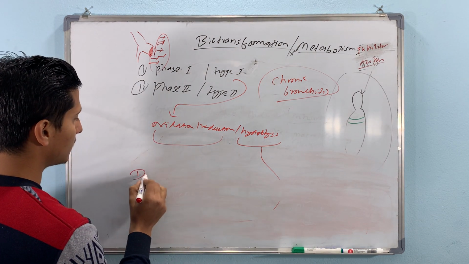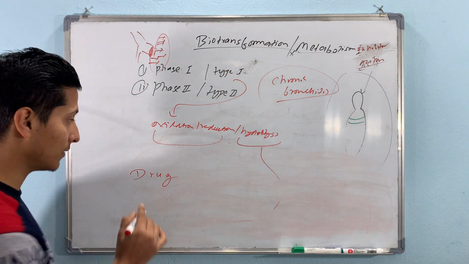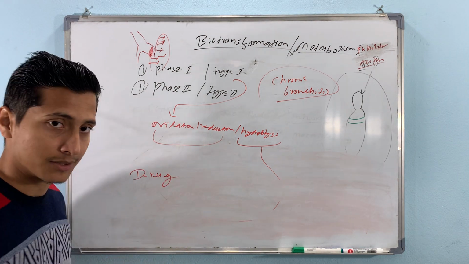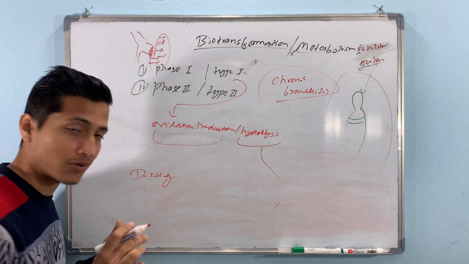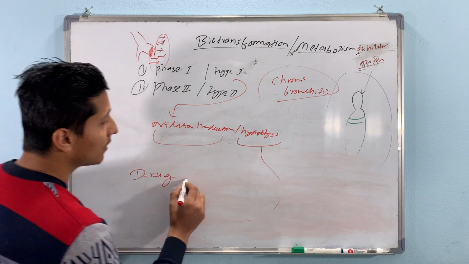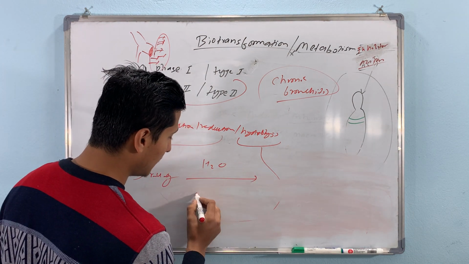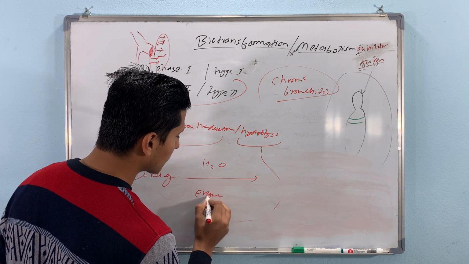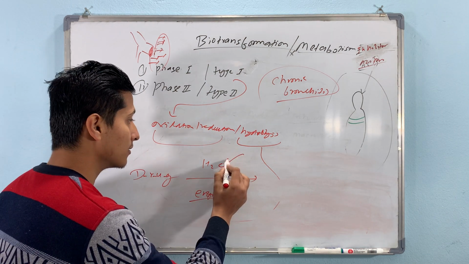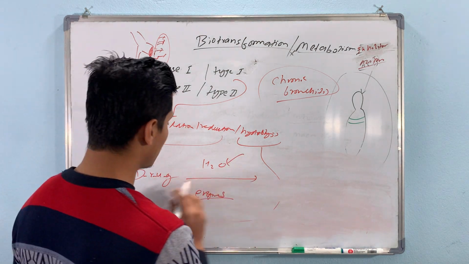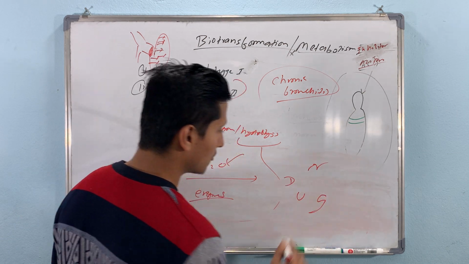For example, this is a drug. Suppose in the drug there are different elements, right? So suppose these are the bonds present in the drug molecule between different atoms. Now if we add water here, and this reaction is catalyzed by enzymes, then the bonds between the atoms in the drug get broken.